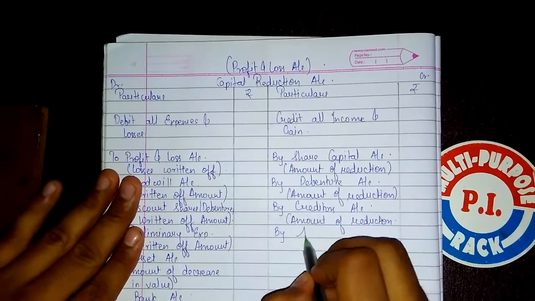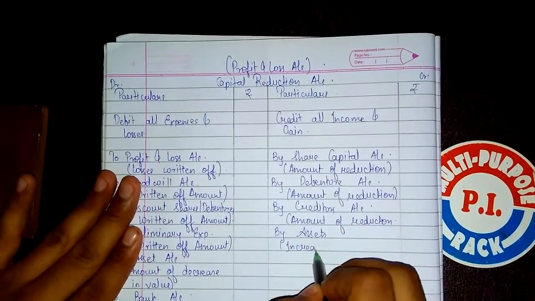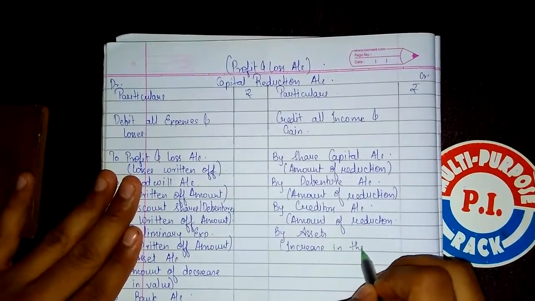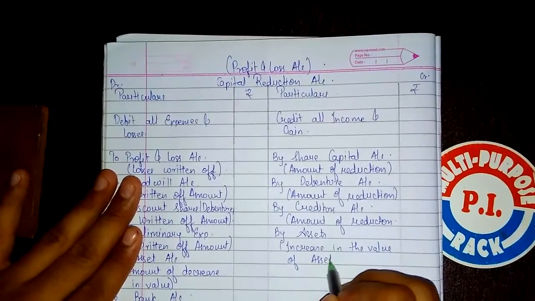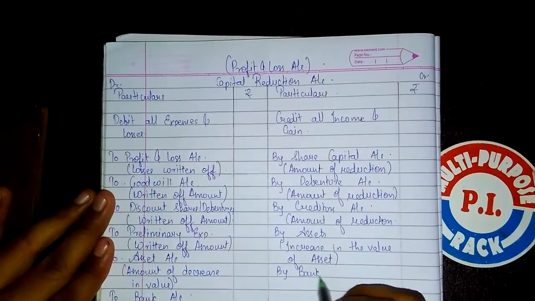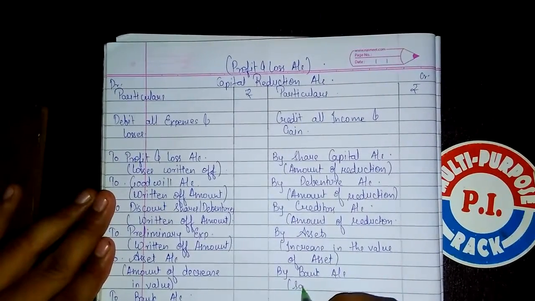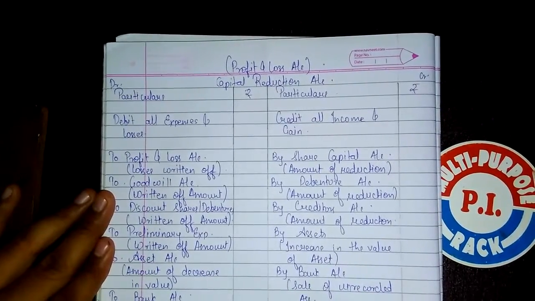By assets, increase in the value of asset. By bank account, sale of unrecorded assets.